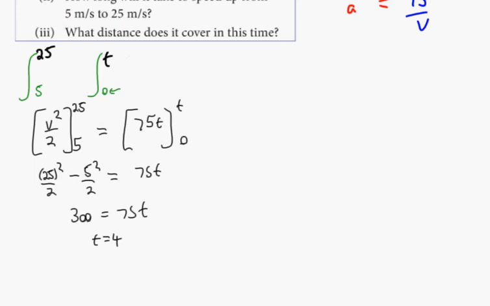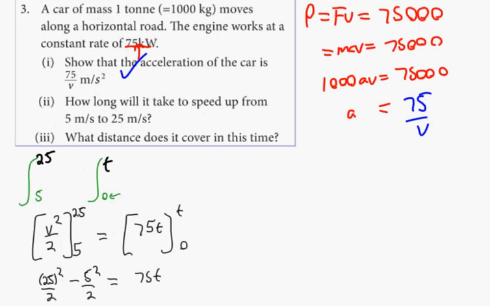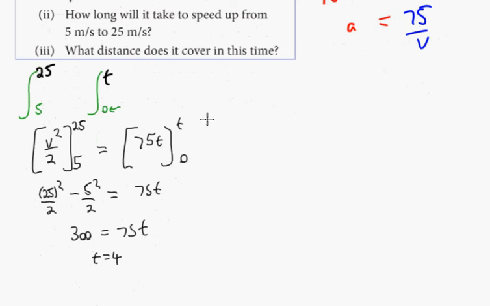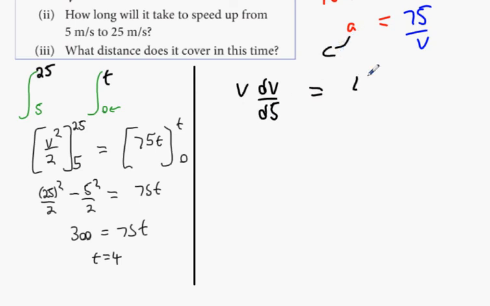What distance does it cover in this time? So instead of using dV over dt, we're going to go for V times dV over ds, and that's our new acceleration. And it equals 75 over V. We cross multiply to get V squared dV equals 75 ds.